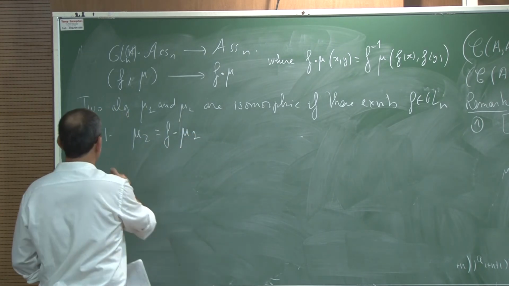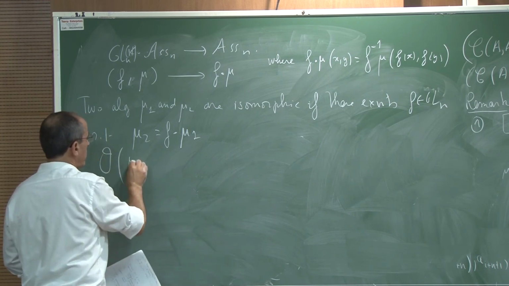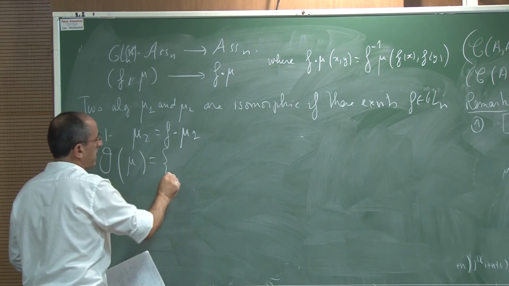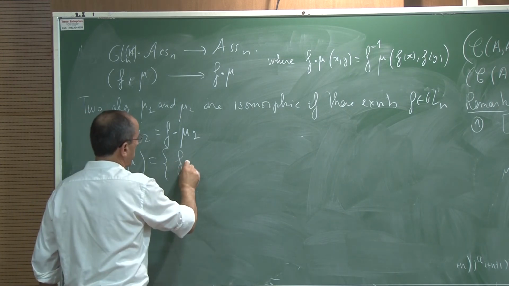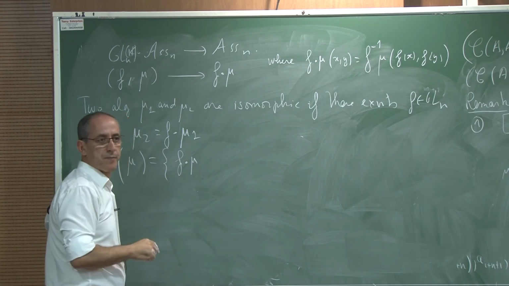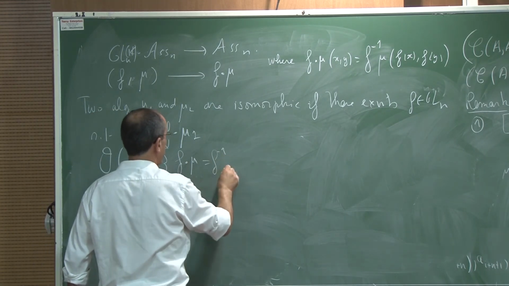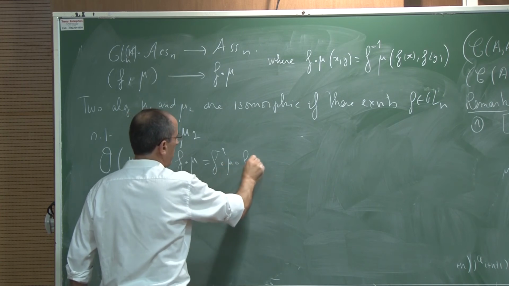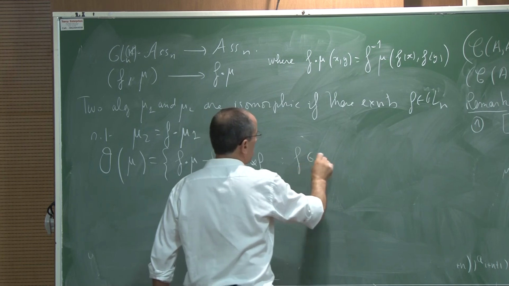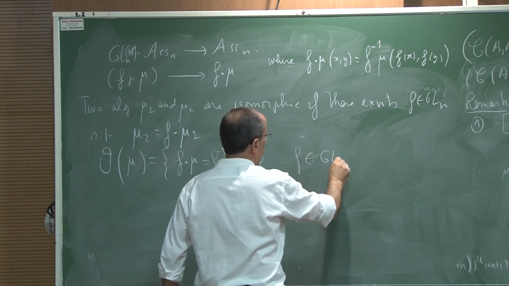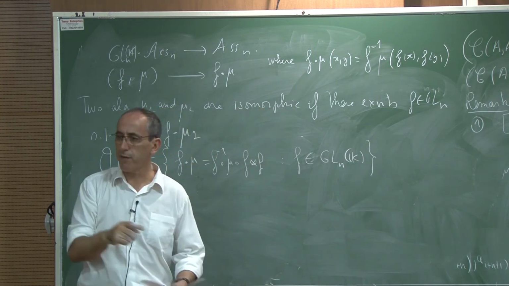Okay, and we can construct the orbit of mu, for example. This is the set of all F mu, which is the same as F inverse composed with mu composed with F tensor F, such that F belongs to GLN K. Then you have the orbit of mu.